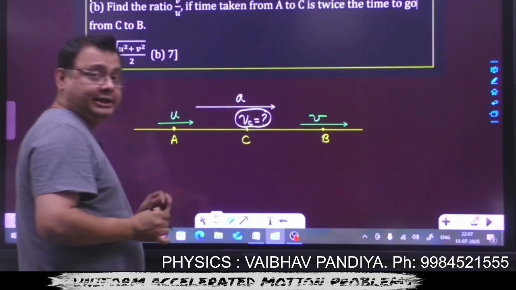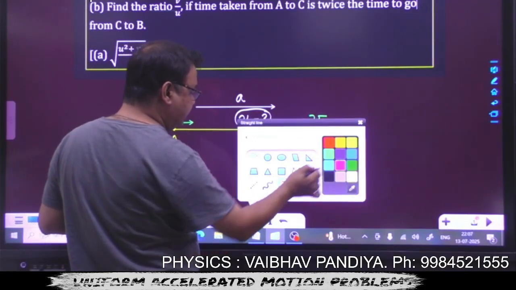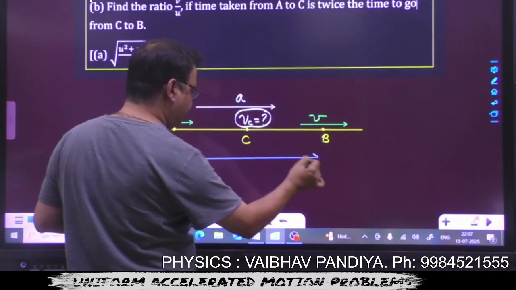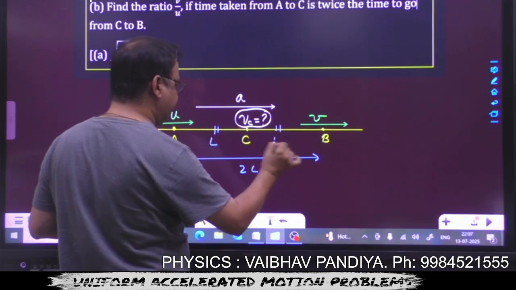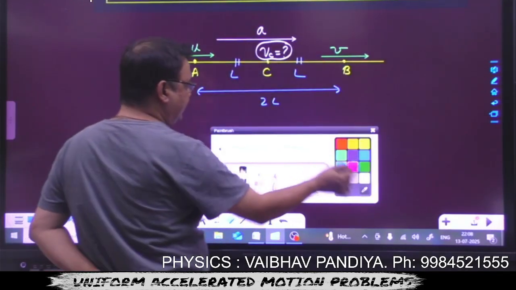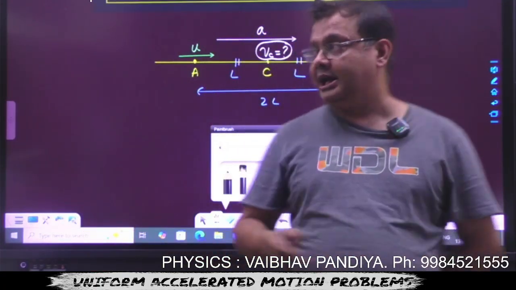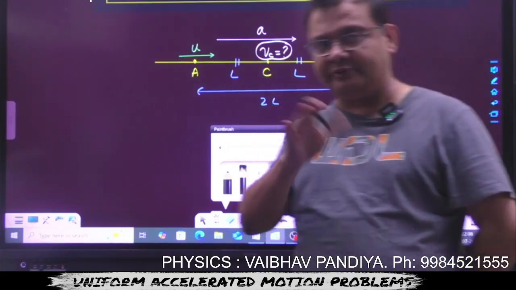It is also given that C is the midpoint. So if I take the total length as 2L, since C is the midpoint, both these segments will be the same, each being equal to L, correct? Since a is constant, we can apply the equations of motion, and we have to get the value of vc in terms of u and v.